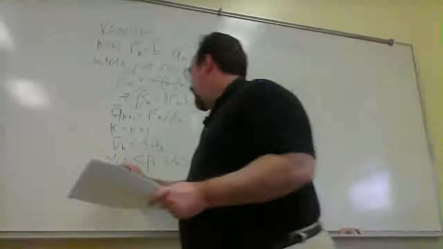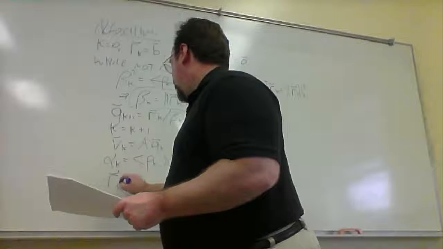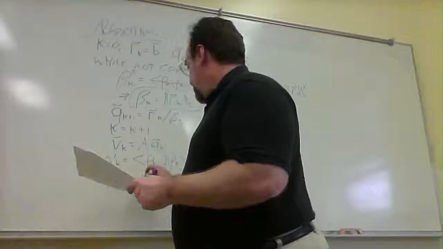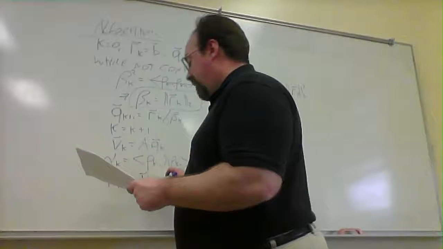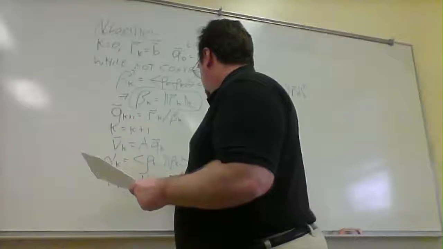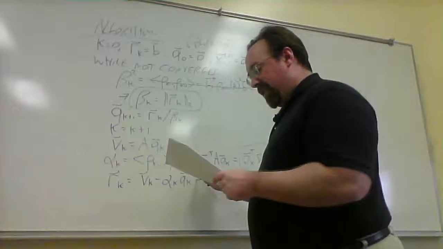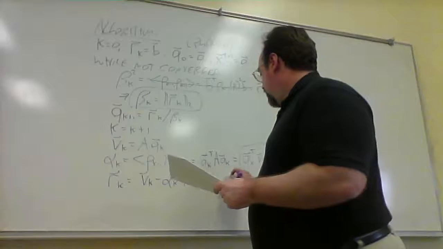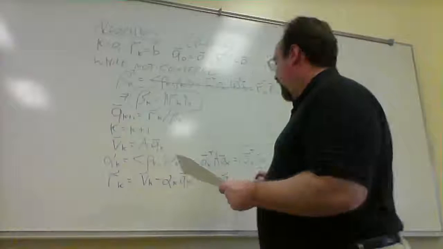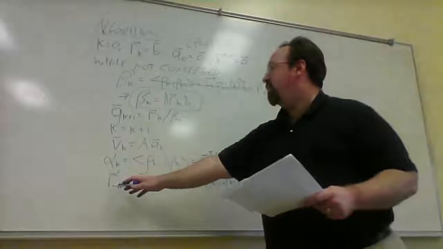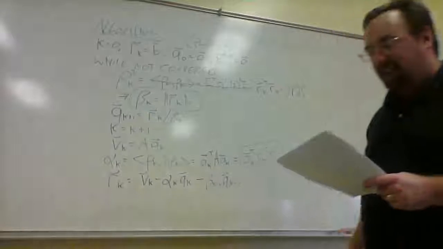So now I need to get my new unnormalized residual using the recurrence relation, which is taking what I have in the previous board. Okay, so that gives me my latest unnormalized residual, which then I'll normalize at the next step.